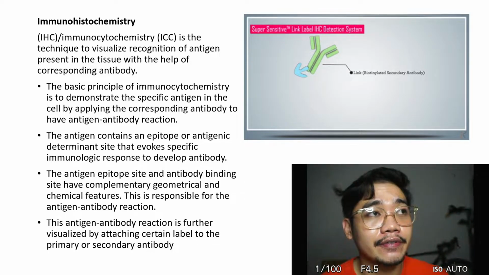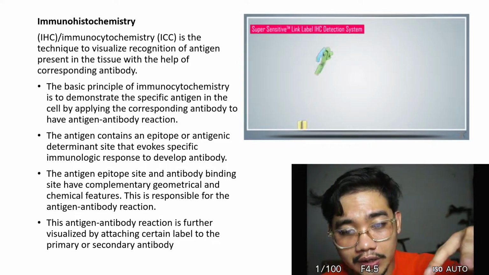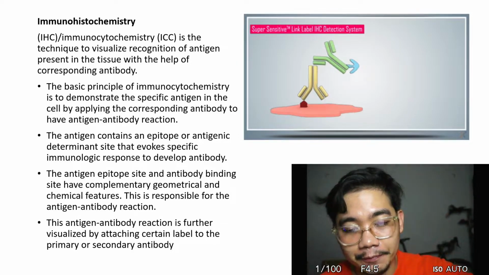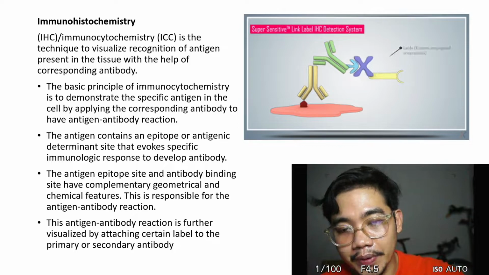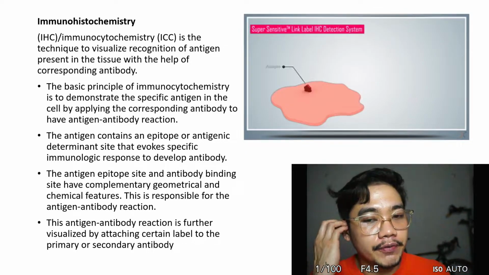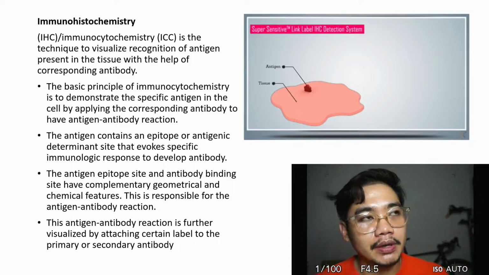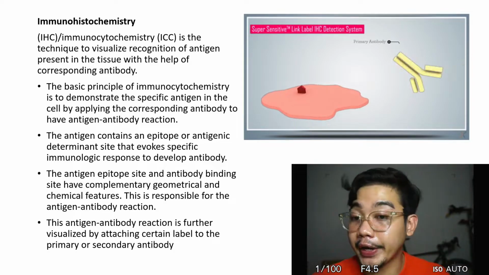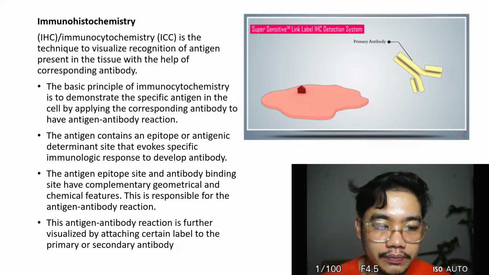Unlike if it only attaches to one antibody on the antigen of your primary, it would not be as sensitive. But if you're gonna use a secondary antibody, the net is much wider. So that's it.